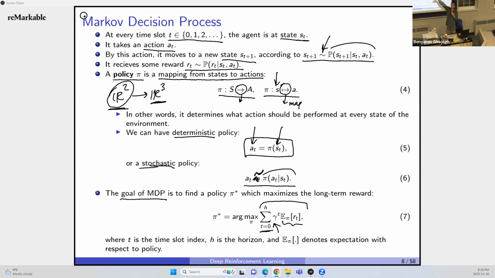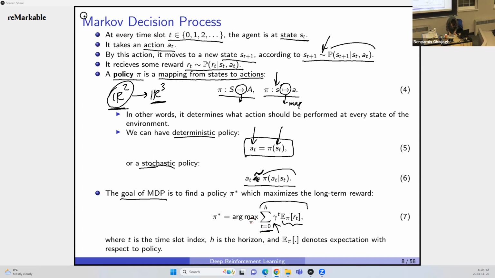The horizon, right? So from now on until some horizon, I calculate my rewards. This horizon, again, depends on the user. It can be until the end of the game or until some window, okay? So this is total discounted reward. When t equals 0, it's now, t equals 1, one step ahead in the future, etc.